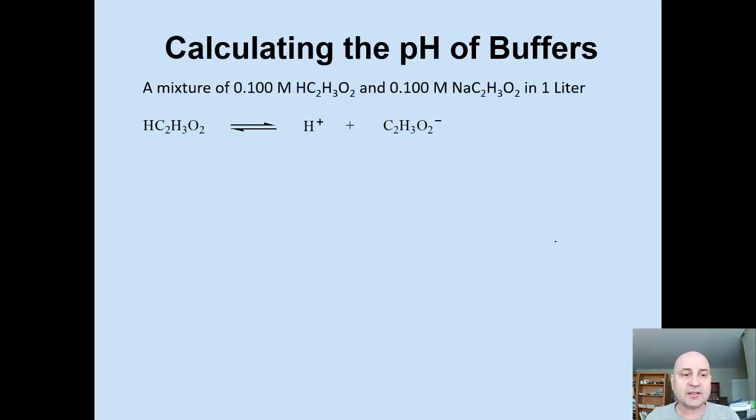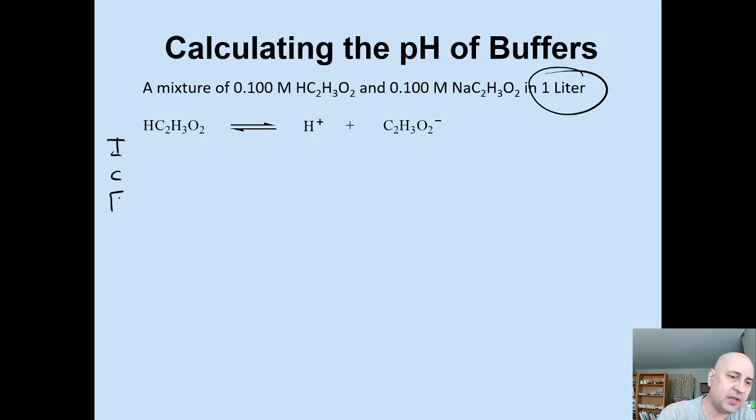Okay, so let's see if we can calculate that pH with an ice table. If we had a mixture of 0.100 M acetic acid and 0.10 M sodium acetate, it's important that we have this in 1 liter. We can set up an ice table, and this is now a little bit different.